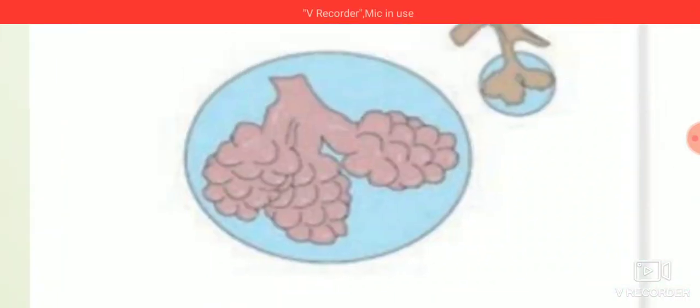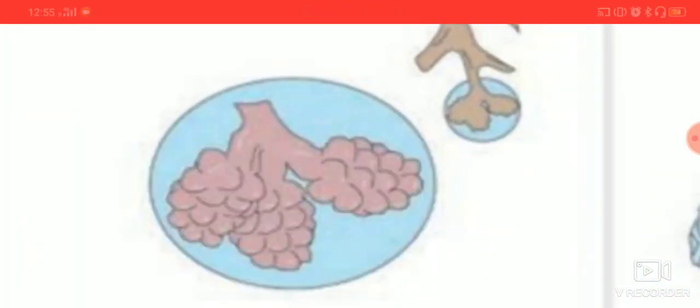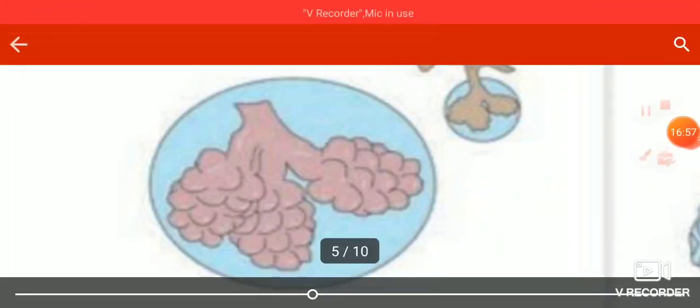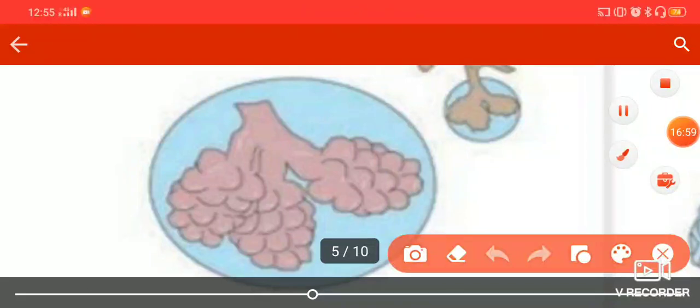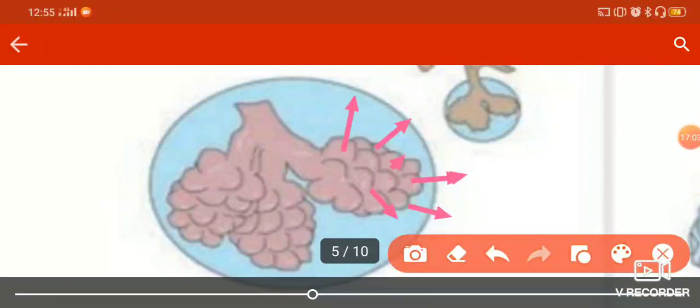Here 1, 2, 3. Bunch of air sacs. Single one is an air sac, and these are 2, 3, 4, means a bunch of air sacs. And each air sac consists of 10 to 12 alveoli. This grape-like structure, a grape bunch. All grapes, means this lobulated structure is called alveoli, 10 to 12 in each air sac.